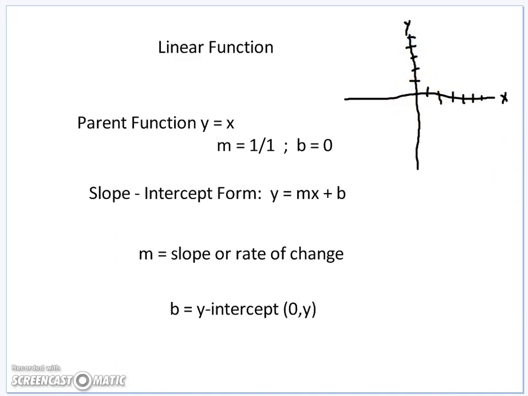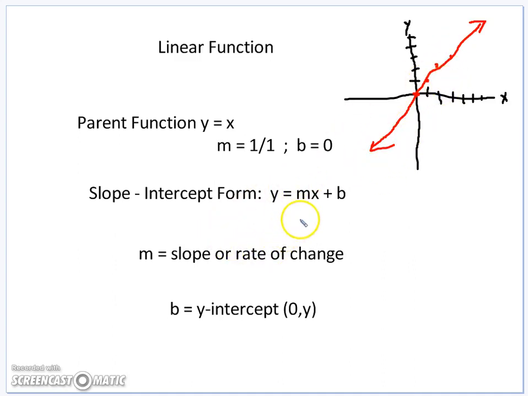Since our y-intercept is 0, our slope is 1 over 1, meaning it rises 1 every time it runs to the right 1. So if we go right 1, it goes up 1. Again, right 1, up 1. A few points here so we can see it, and our line goes something like that.